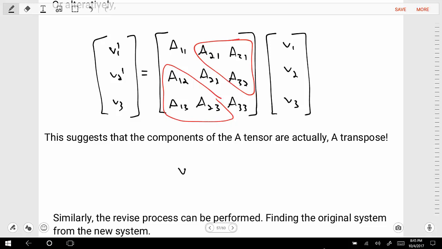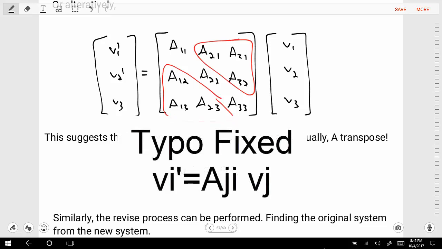So now we finally identify the indices of the transformation tensor. When we are going from our original system to our new system, the indices of that transformation tensor are Ji, Aj. So the transformation tensor in its original form actually has transposed terms.